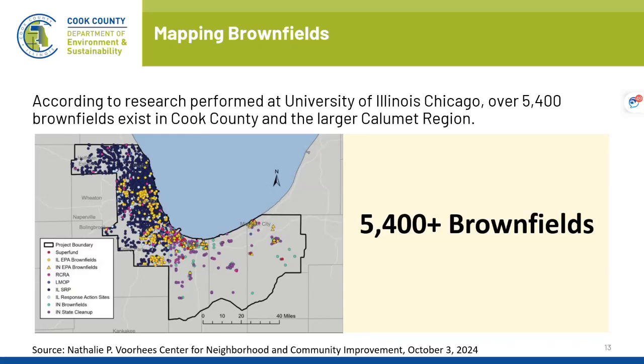How do we know if we should count it as a brownfield versus leave it out? So we use other various databases, federal and state, to kind of determine which sites are likely to be contaminated. And I just want to highlight this work was performed at the University of Illinois Chicago. So this is their map of potential brownfield sites in our region. And you can see there's a lot of work to do.